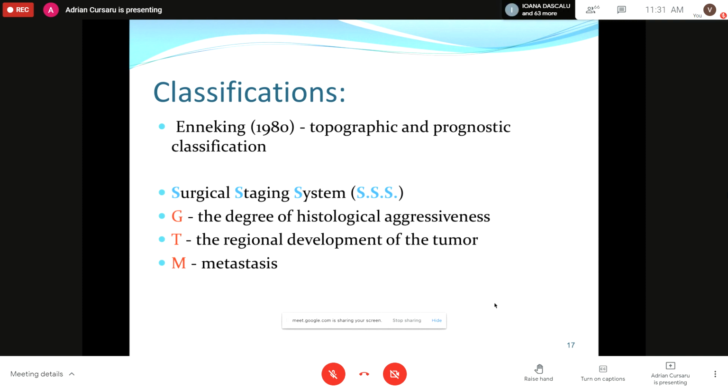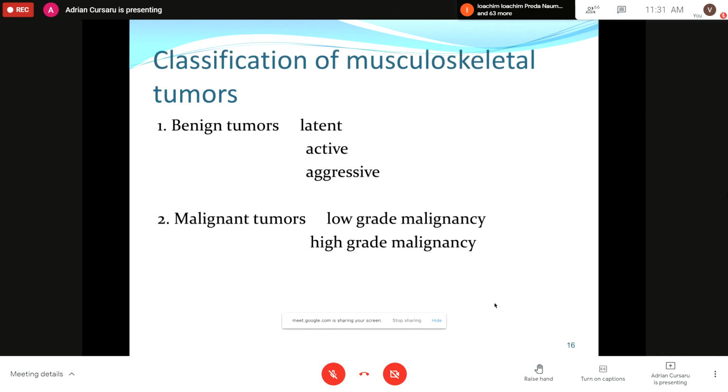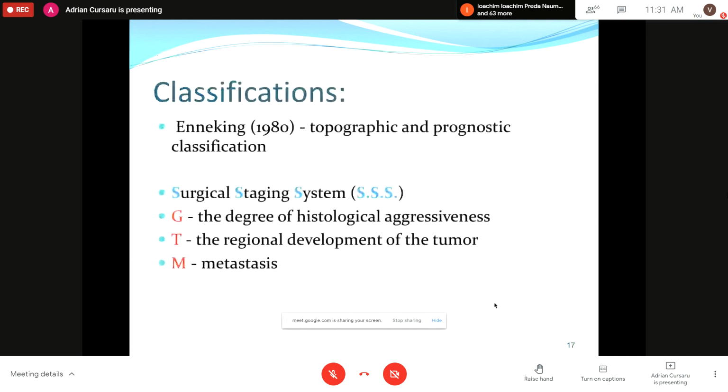We have G, the degree of histological aggressiveness, and we are discussing low-grade malignancy and high-grade malignancy to know what type of tumor we have; T, the regional development of the tumor; and M, the metastasis.